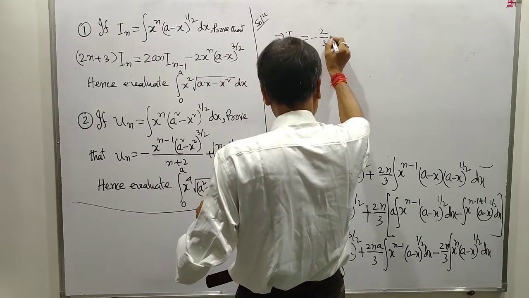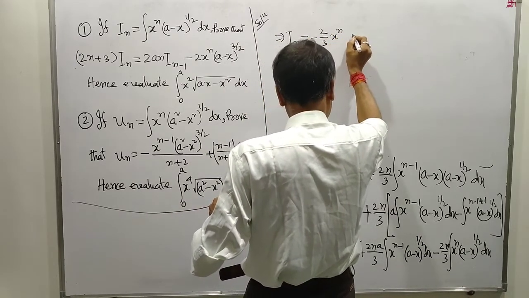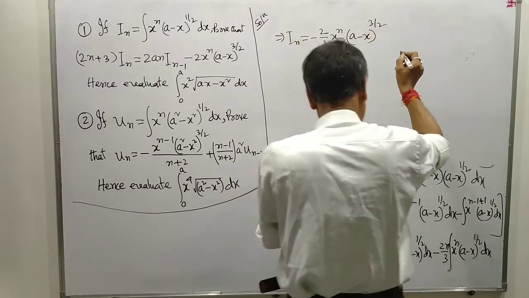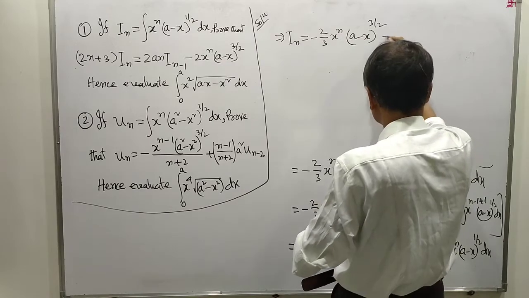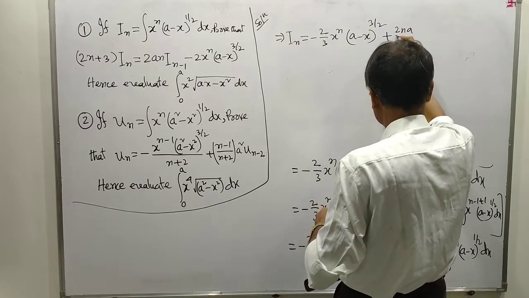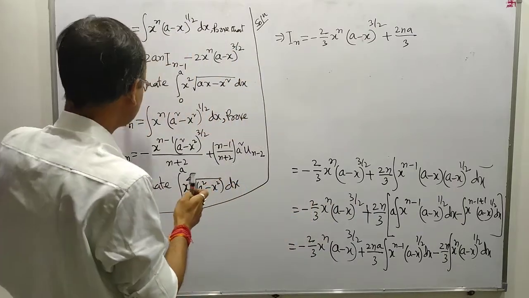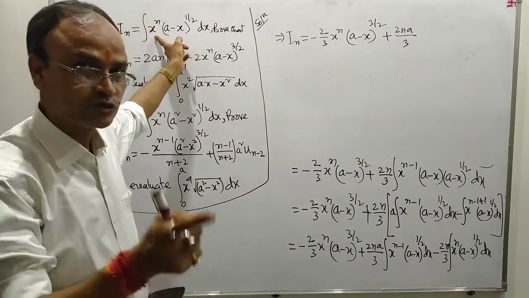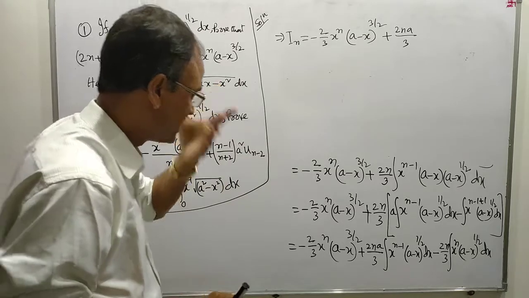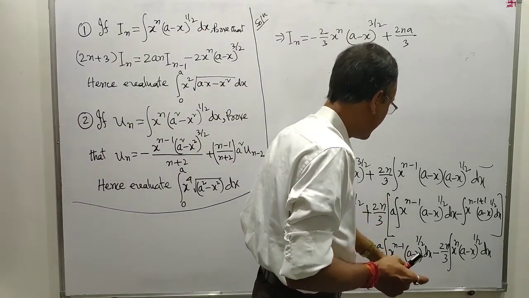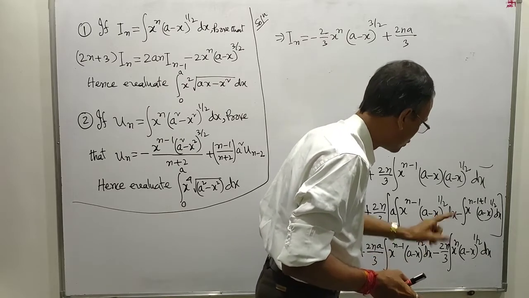minus 2 by 3 x to the power n (a minus x) whole to the power 3 by 2 plus twice n a by 3 I_{n-1}. You see, I_n stands for x to the power n (a minus x) whole to the power half. This is x to the power n minus 1 (a minus x) whole to the power half.